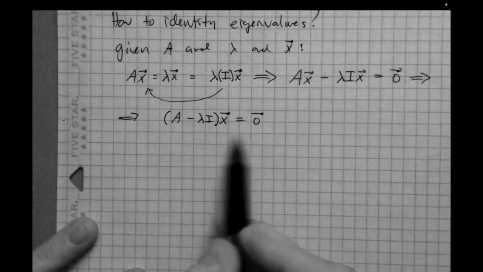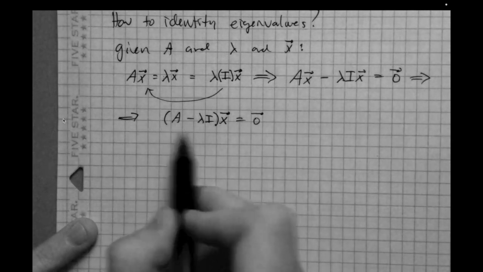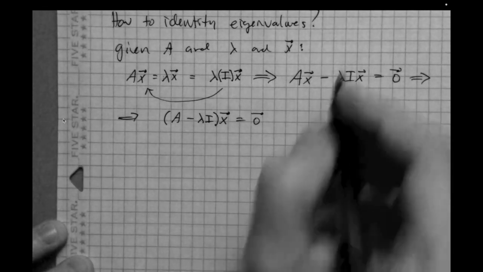This looks a bit like a system, doesn't it? You've got a matrix times a vector equal to 0.